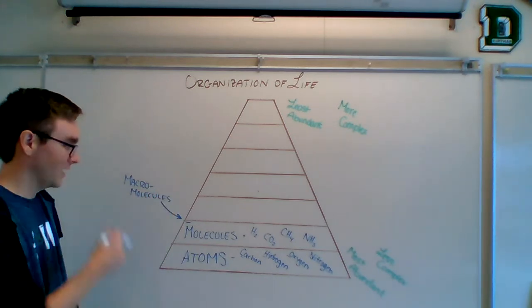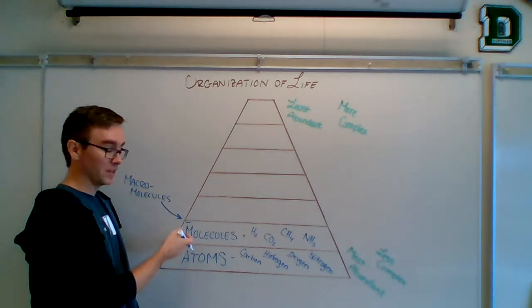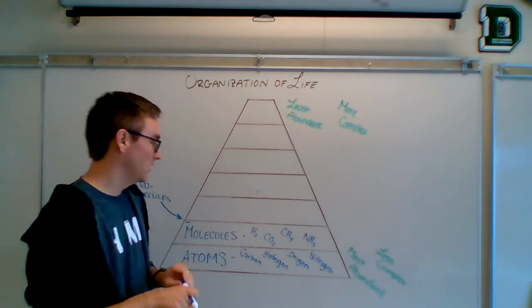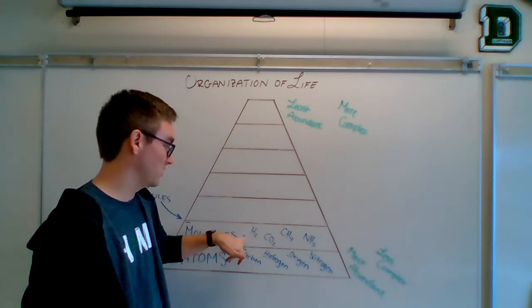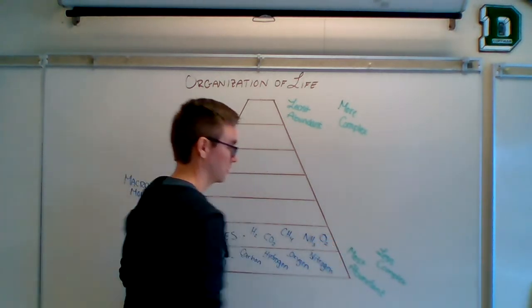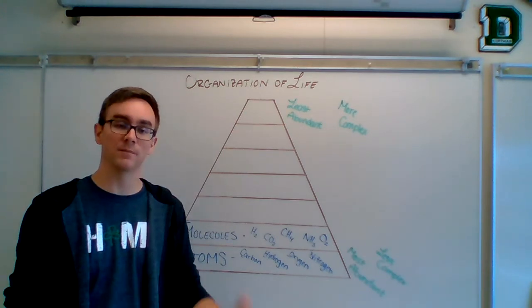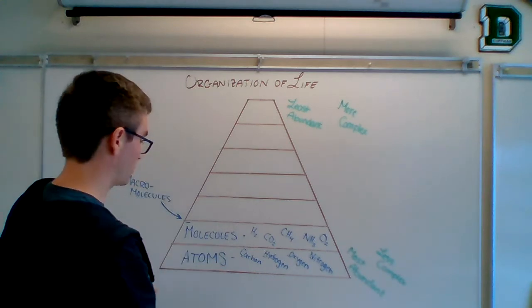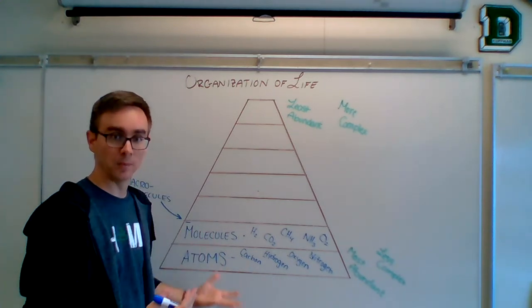So we go from atoms to molecules, and we can take these molecules and make bigger molecules. If you combine all of these, including oxygen gas, you start creating the fundamental building blocks for proteins, called amino acids. You're just creating bigger and bigger pieces.